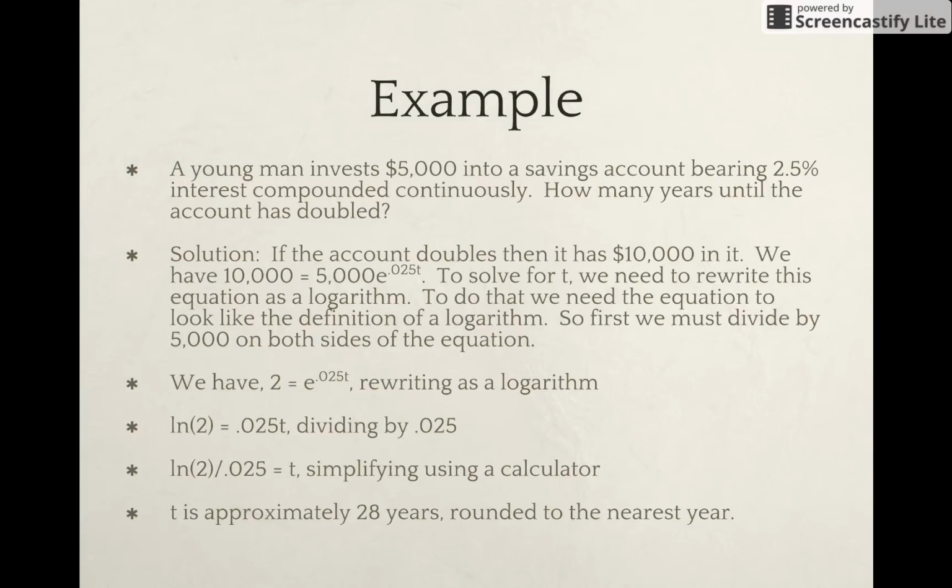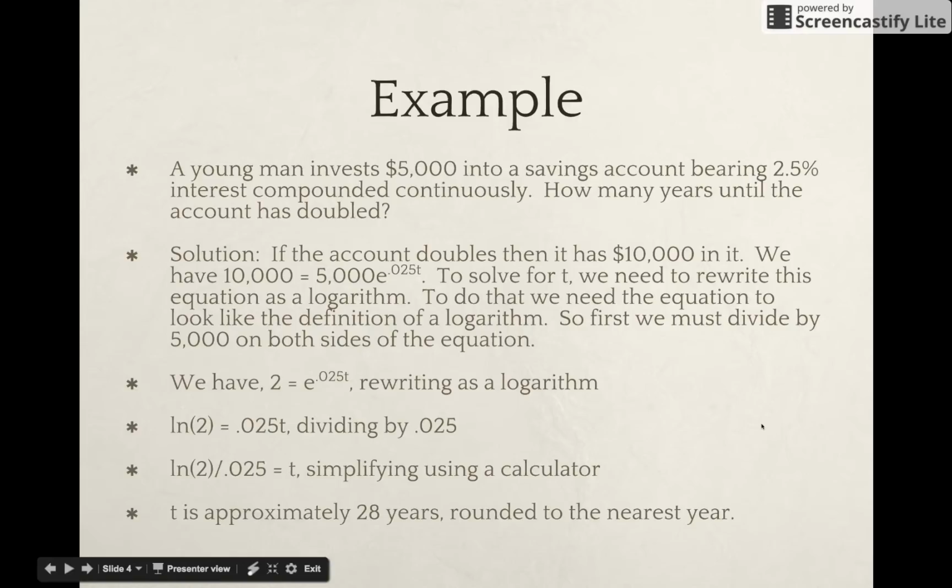Notice that is different because in App 5, we would say, for example, in 20 years, how much money is in the account. When we substitute the values into our continuously compounded interest formula, the result here is 10,000 equals 5,000 e to the 0.025t. The amount is 10,000 because that's double 5,000.